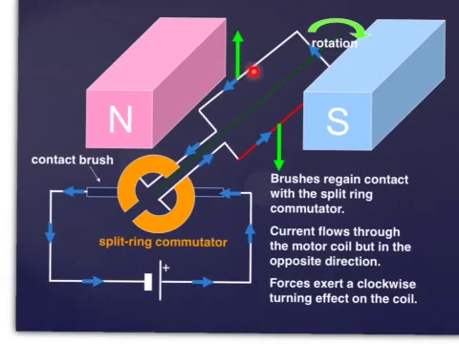The motor coil has turned through another 45 degrees, but the contacts are still there between the contact brushes and the split ring commutator. Therefore the current is still flowing, and the magnetic force is still there. The coil keeps turning.